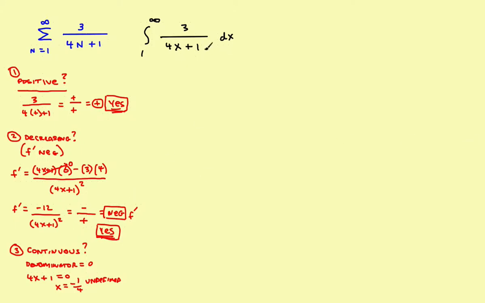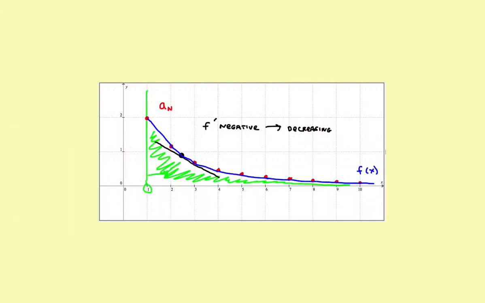So when x is equal to a negative 1/4, the denominator is equal to 0, the function is going to have an asymptote. So graphically what that looks like, and we'll go back to this thing again, is over here, and let's suppose that negative 1/4 is about right here. That means I've got an asymptote that goes through here. Now, remember, you're not concerned with anything that happens to the left over here.